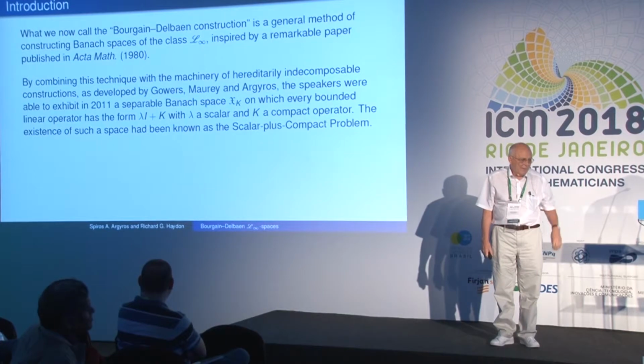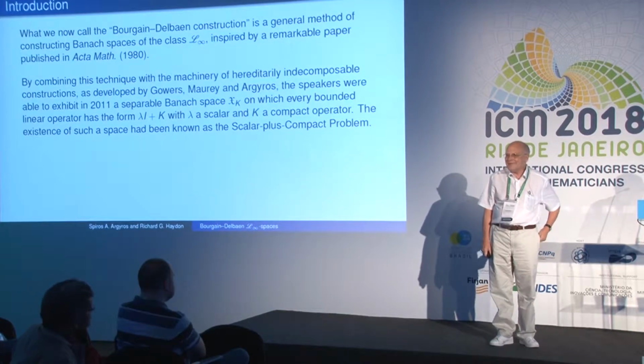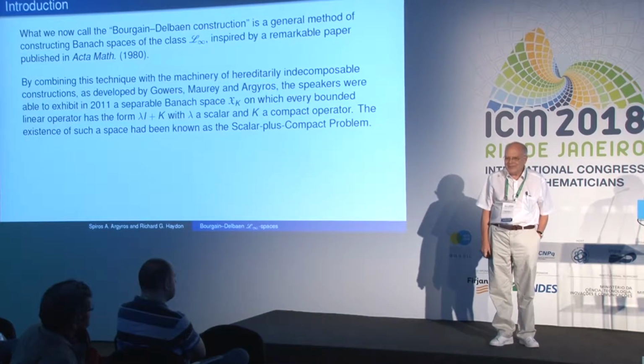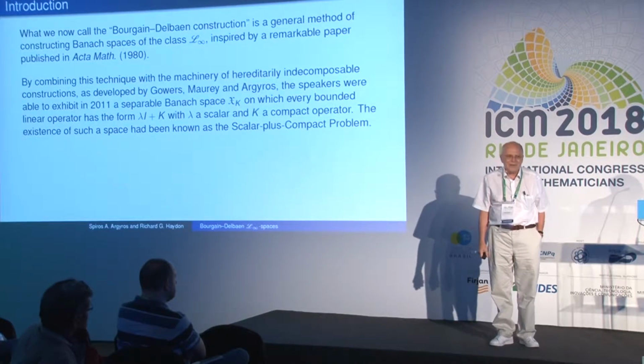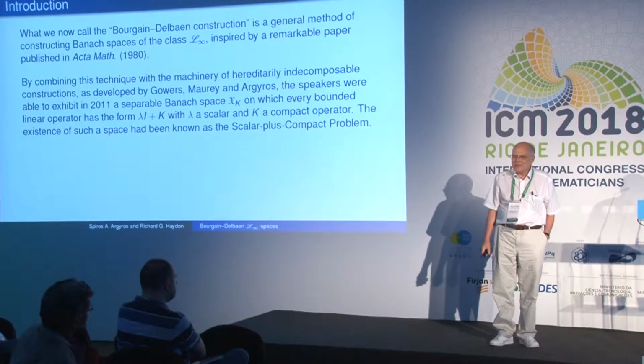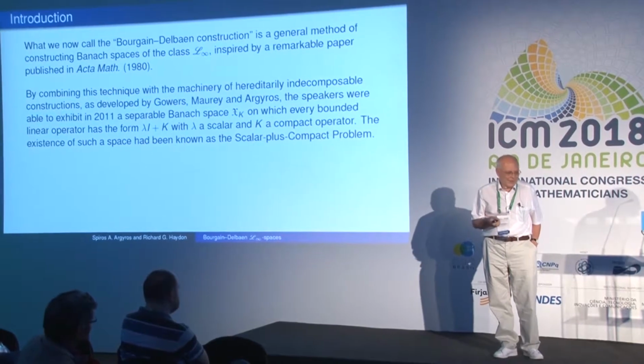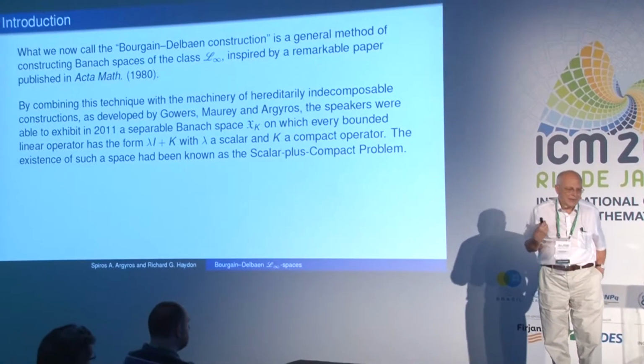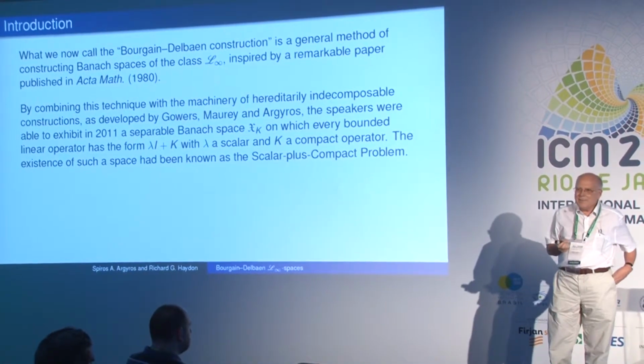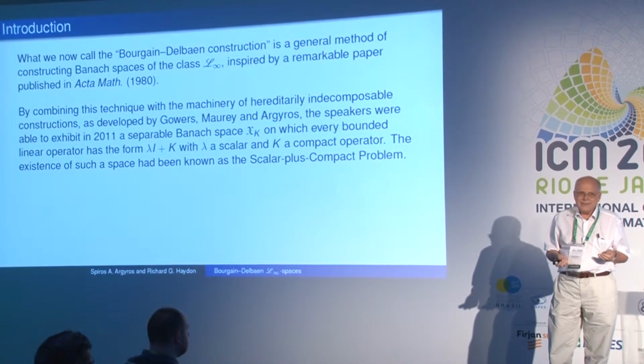So the Bourgain and Delbaen construction, as we see it now, was there, and we were greatly in awe of it for a long time, but it was about 20 years before we saw how to use it in another way.